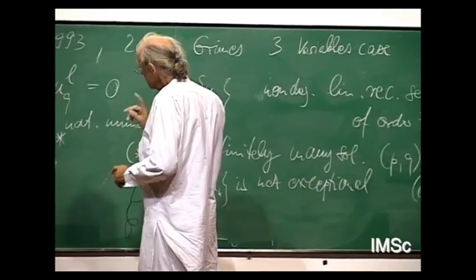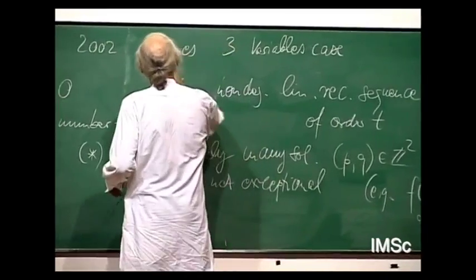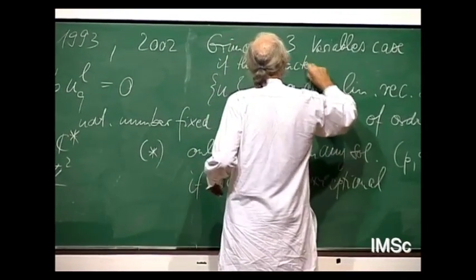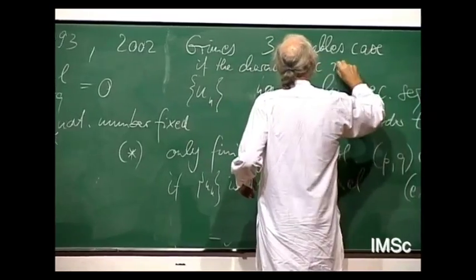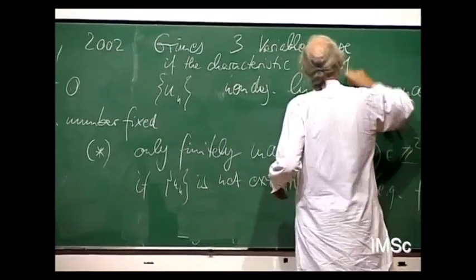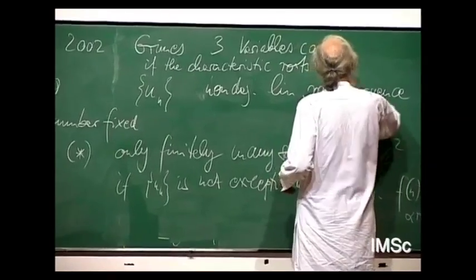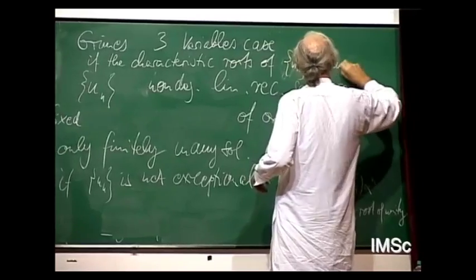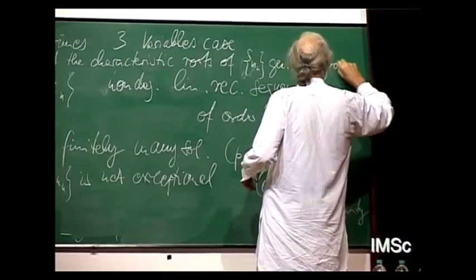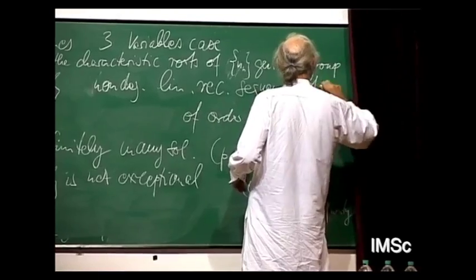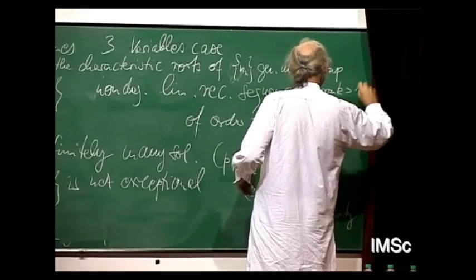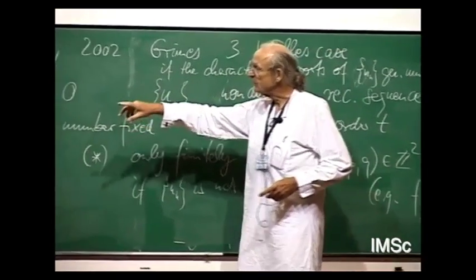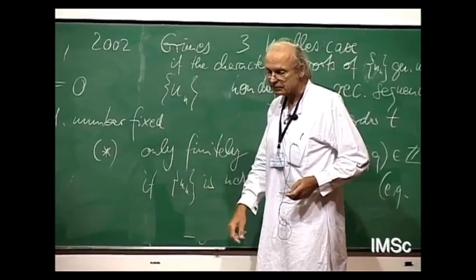And she has shown that if the characteristic roots of u_n generate a multiplicative group of rank larger than 1, then again the corresponding three variables equation has only finitely many solutions.